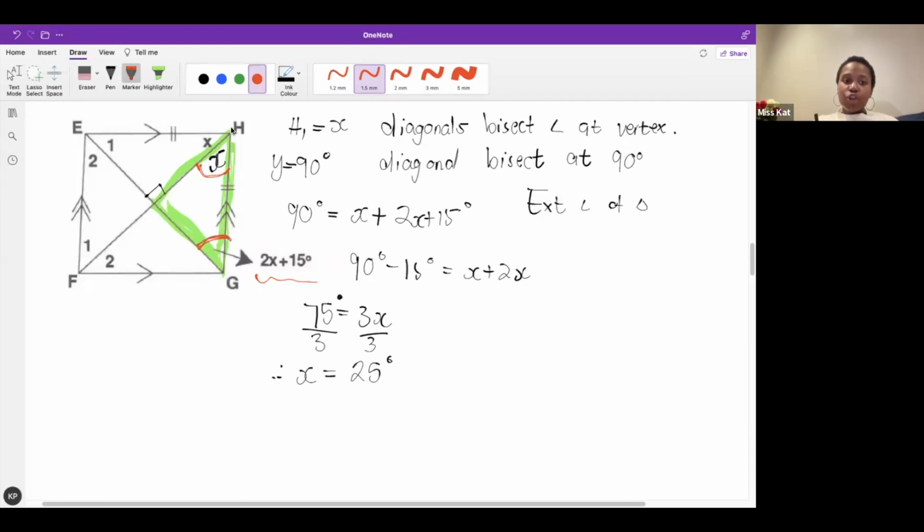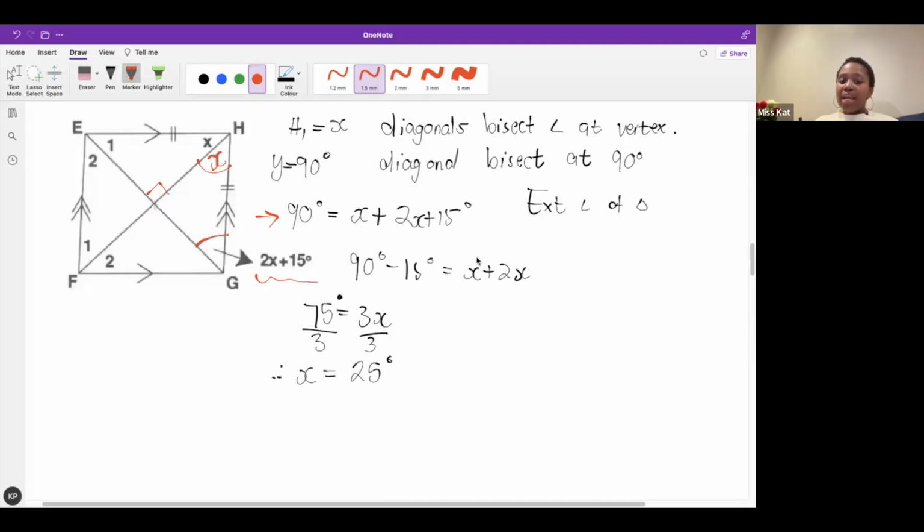But H1, which is this one over here, is x because diagonals at the vertex bisect the angles. So if the one at the top is x, then the one at the bottom is also x. So that's where this sum comes in. The 90 degrees that's outside, which is that one, is equal to x plus 2x plus 15.